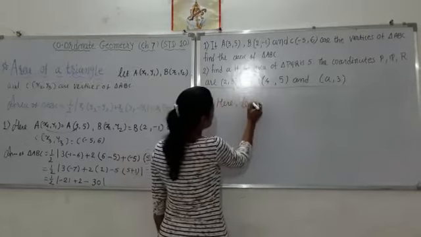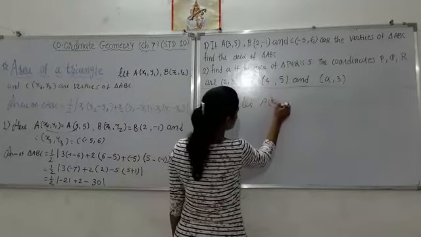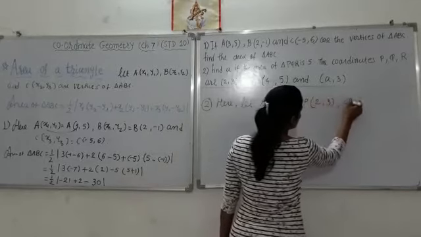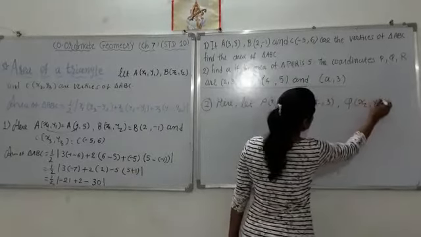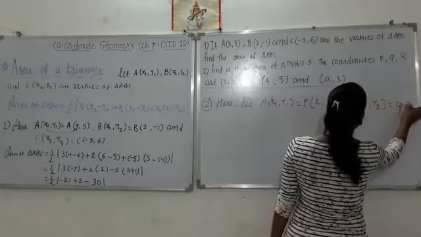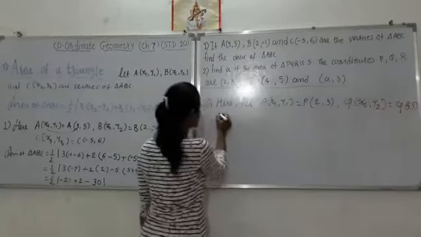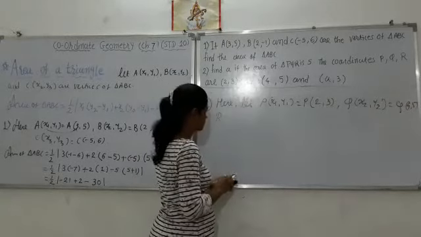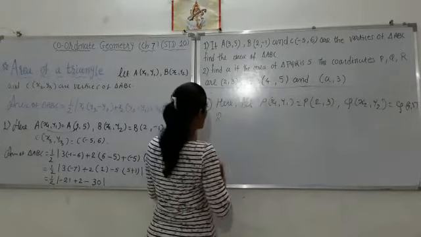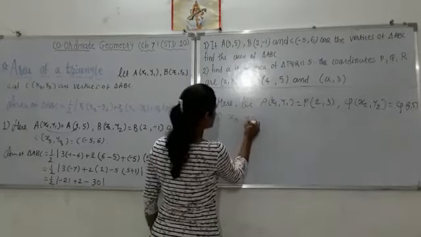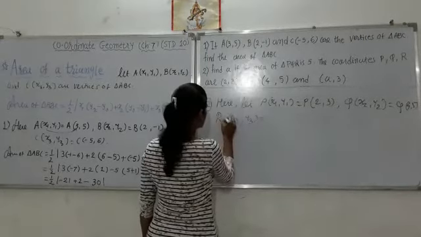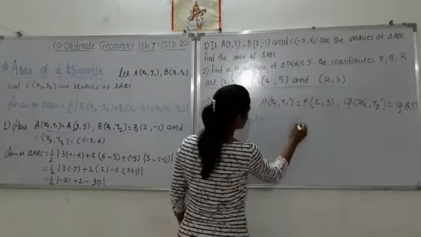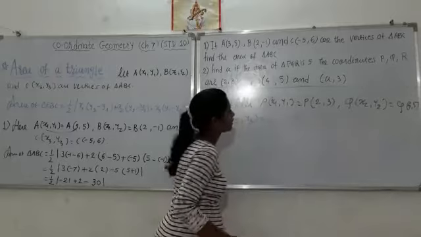Here let P of x1, y1 is equal to P of 2, 3. Q of x2, y2 is equal to Q of 4, 5. R of x3, y3 is equal to R of a, 3.